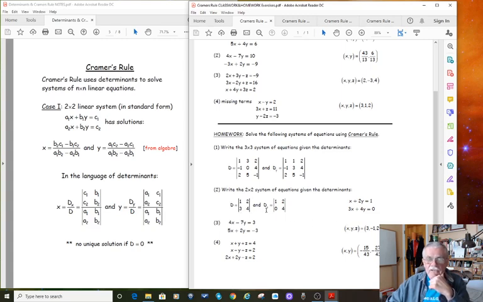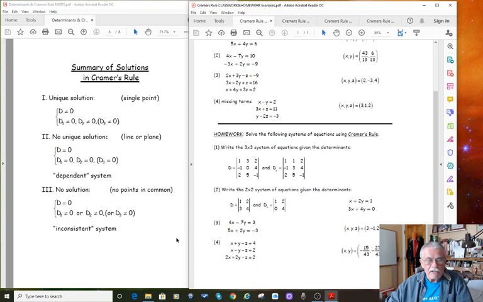And since this is D sub x, that's the determinant where the coefficients of the x have been replaced by the constants on the outside. So that's the 1 and 0. So therefore this setup came from this system of equations. So it's just good to see if you can understand how we go from one setup to the next. Okay. With that said, let's go on to the 3 by 3 case.